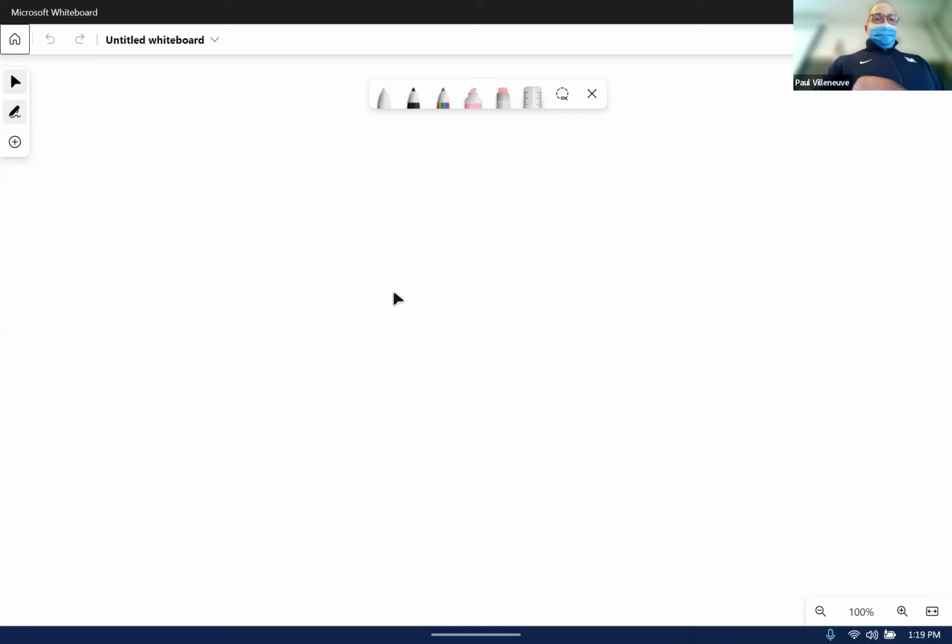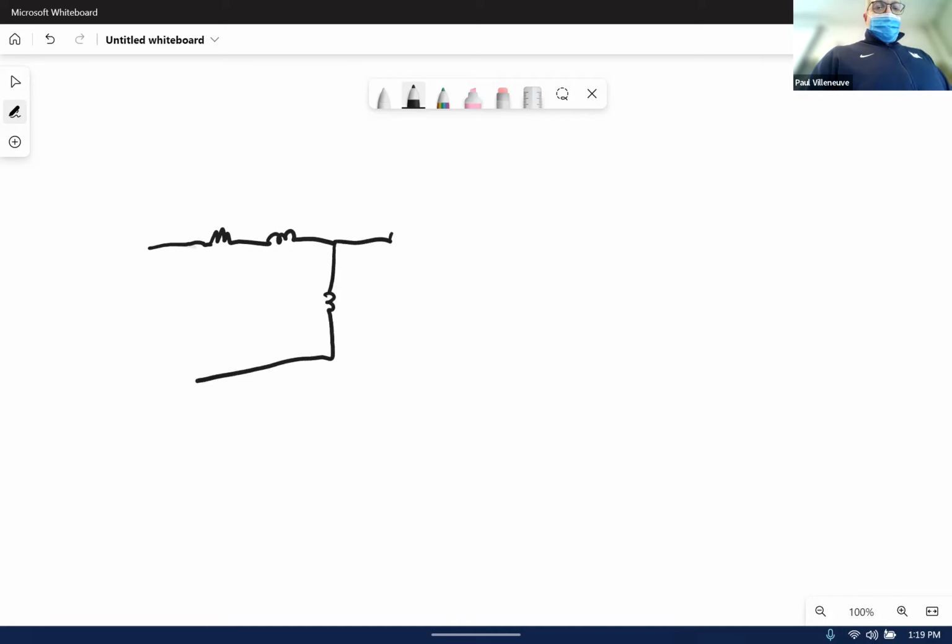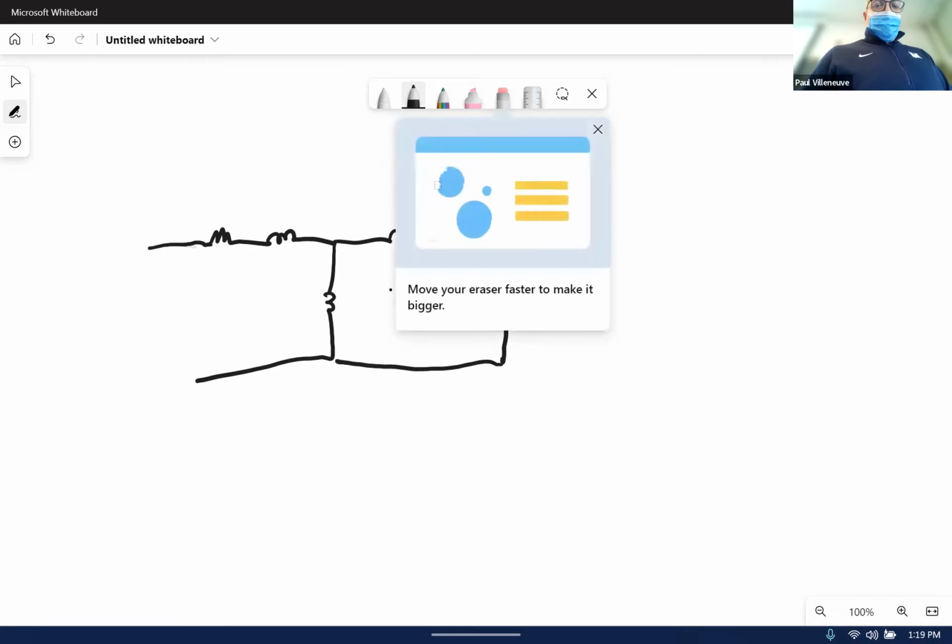We're going to put our base elements in here: a resistor, an inductor, another inductor, and another resistor.